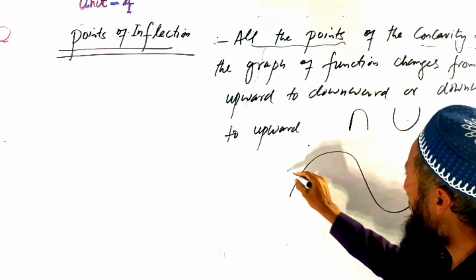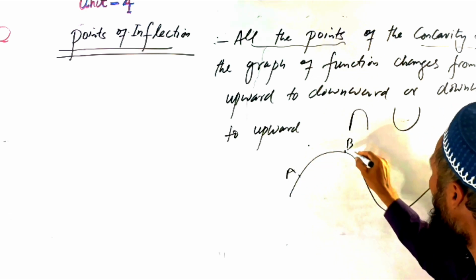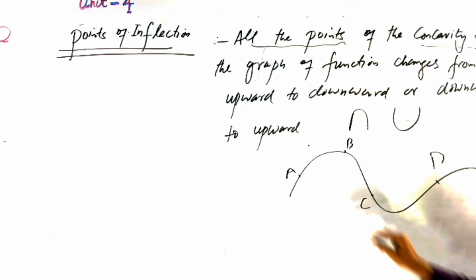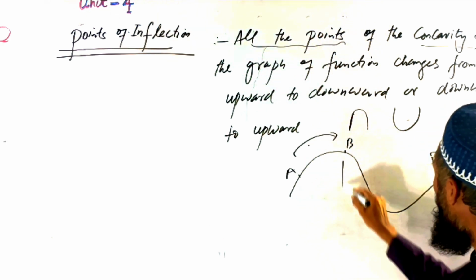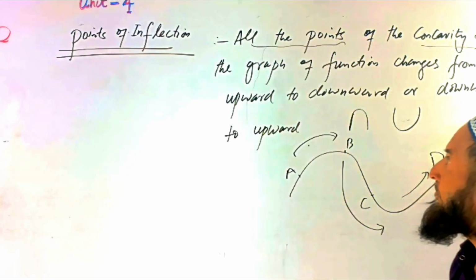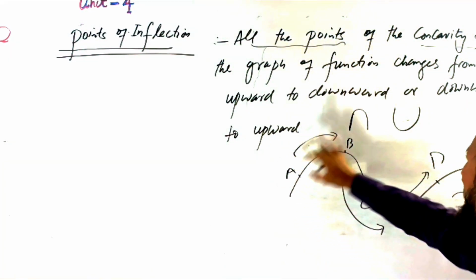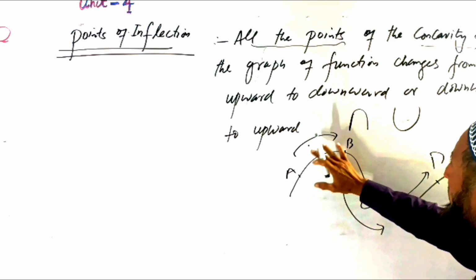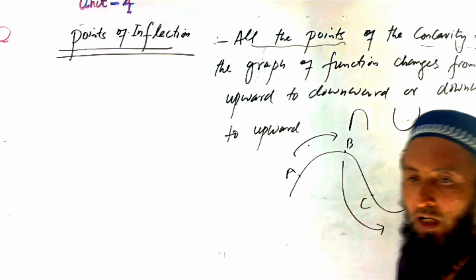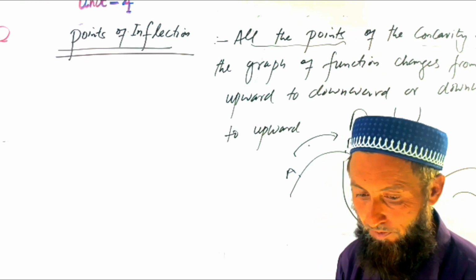So for example, this is A and here B and C, downward, upward, E and so on up to F. So that type of concavity, they are increasing and also decreasing, and that point is called a point of inflection. All the points where they are changing from upward to downward, that type of situation is called a point of inflection.